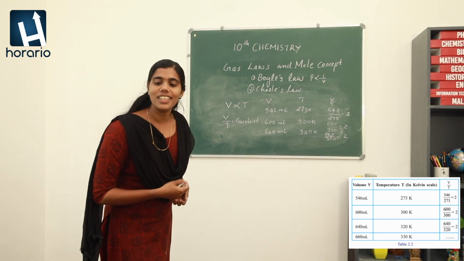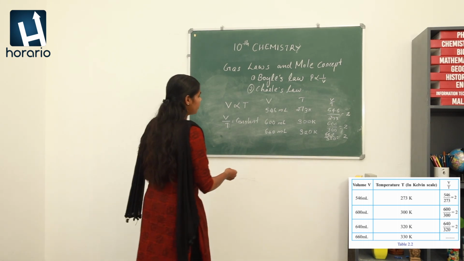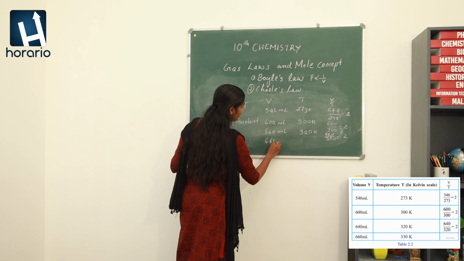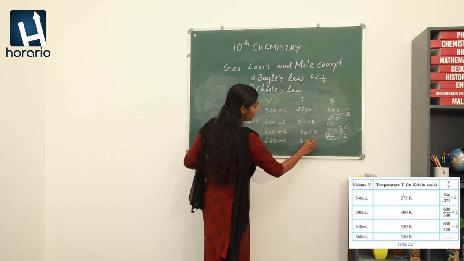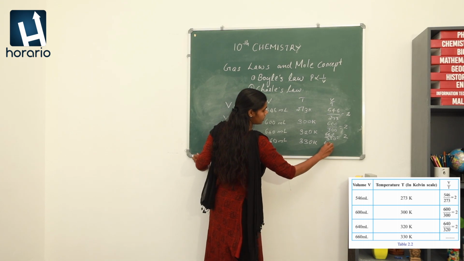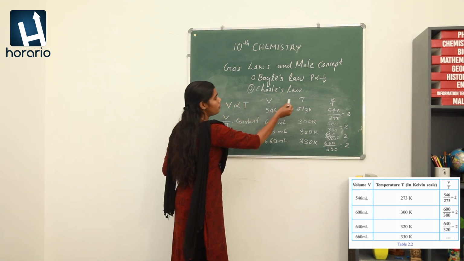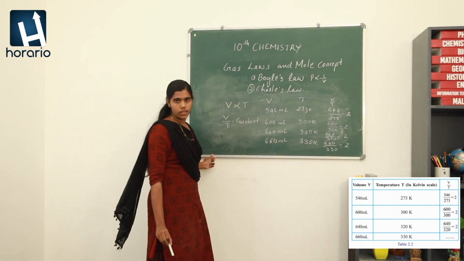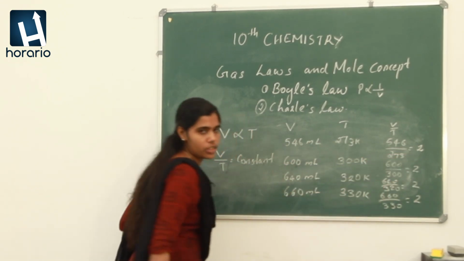Then you can find the next one easily. The question is 660 ml and 330 Kelvin. So, 660 by 330, that is also 2. That is, V by T is a constant. It's clear that V by T is a constant.